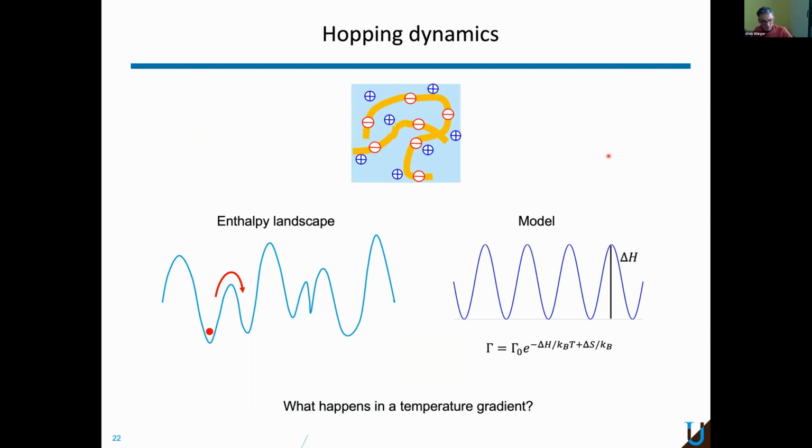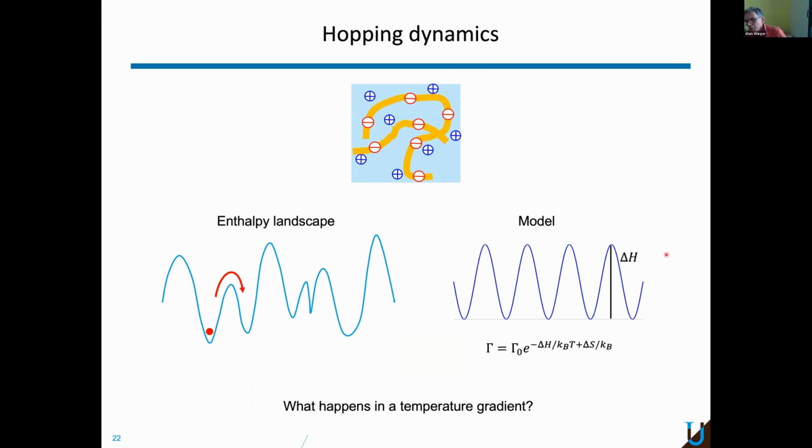Now, the first important thing to see is that in these systems the conductivity occurs through hopping dynamics. So quite generally, the enthalpy landscape or free enthalpy landscape of an ion will be something like this. And so this is a three-dimensional network. And so there is always some minimum resistance path through the system. And that means one can easily just replace this by a periodic potential. And this is a model I'm going to show and to use.